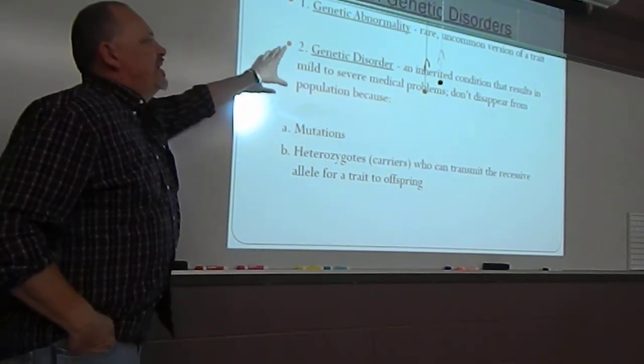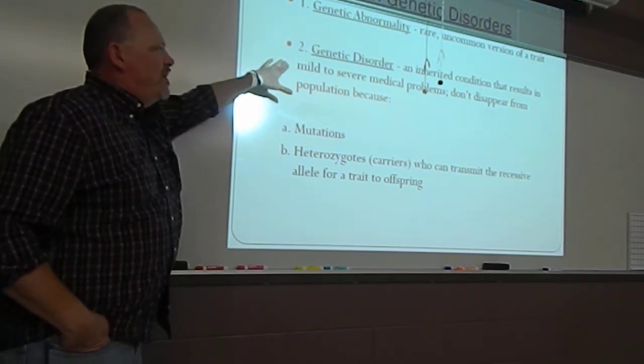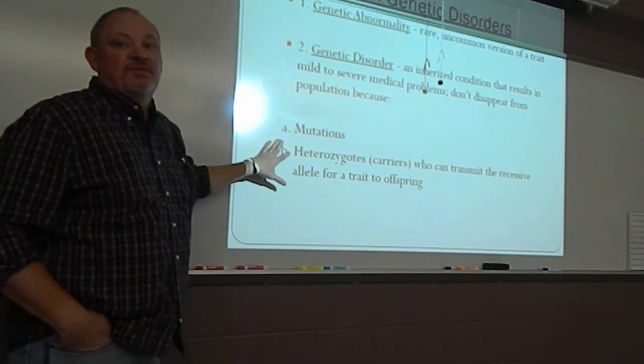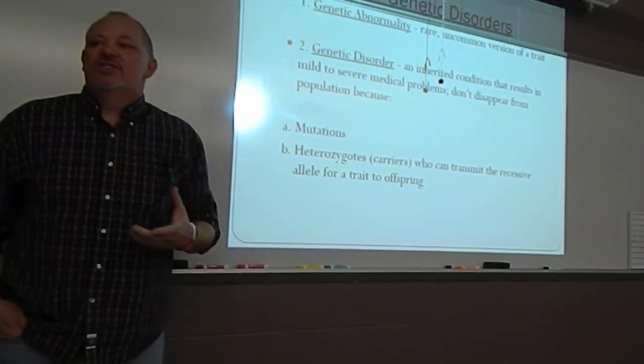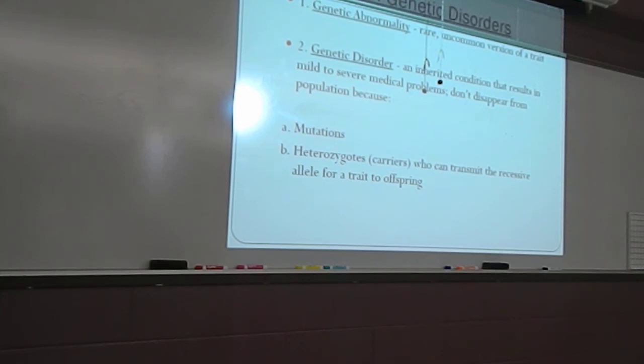Genetic disorders are inherited conditions that result in mild or severe medical problems. They don't disappear from the population because there are mutations. Mutations are actual changes in the DNA sequence. So at a gene, if something is changed, then a new phenotype might arise.